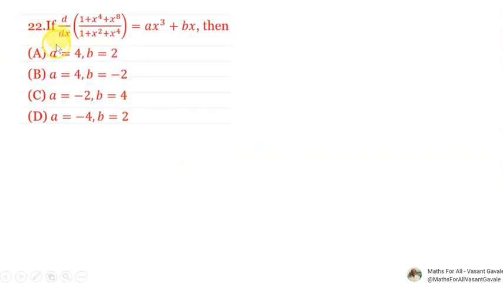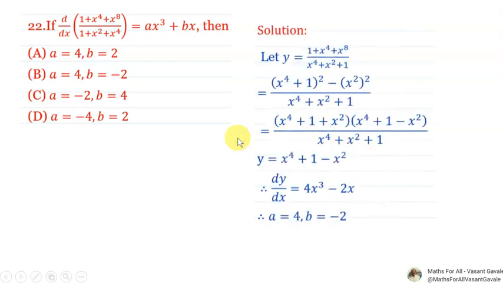If d/dx of (1 plus x raised to 4 plus x raised to 8) upon (1 plus x square plus x raised to 4) is equals to a into x raised to 3 plus bx, then okay, we want to find out the value of a and b.